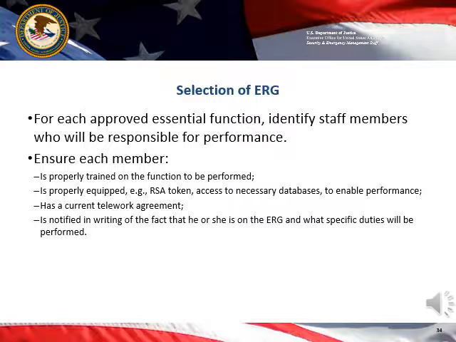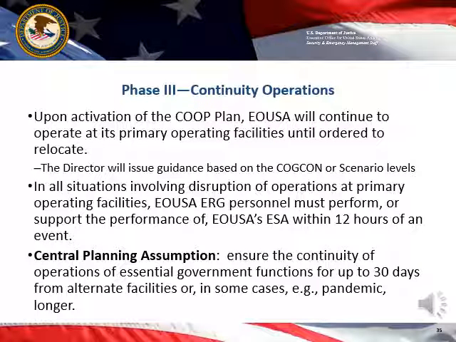Each emergency relocation group member must be trained and equipped to carry out the essential function they have been designated to support. Upon activation of the COOP plan, EOUSA will continue to operate at its primary operating facilities until ordered to relocate. The Director, EOUSA, will issue guidance based on the COG-CON or scenario levels.